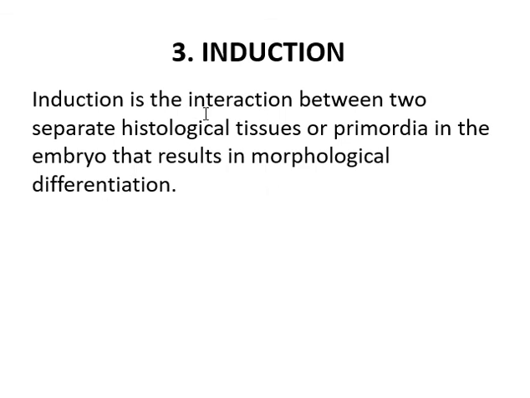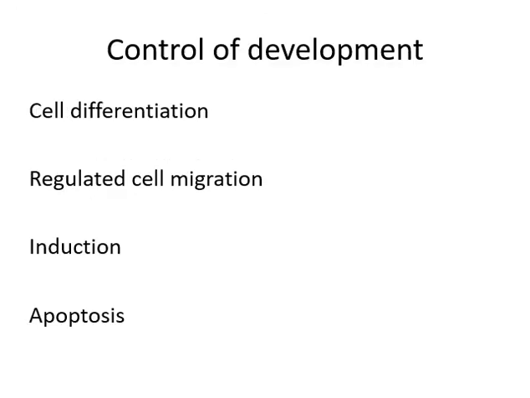So one cell type will act on the other cell type to result in morphological differentiation. So we have the control of development by cell differentiation, regulated cell migration, induction, and in the last we will discuss apoptosis.